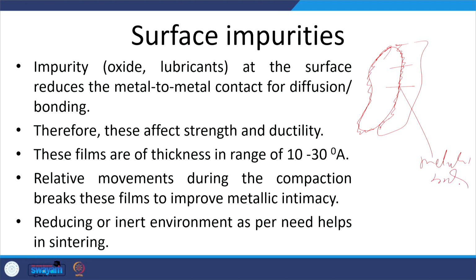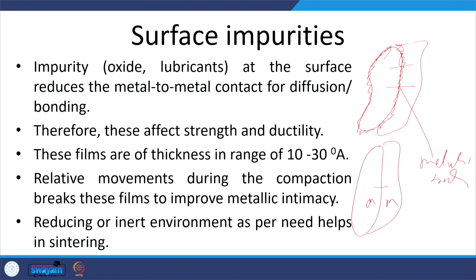You see, during the compaction, the weak shape component is obtained through the mechanical interlocking facilitated by the plastic deformation of the powder particles. So, in order to increase the strength, it is important that the metallurgical bond between the powder particles is created, and that is done by heating the component after compaction to a high temperature, so that the diffusion across the interface can take place, and that will be possible only if the contact between the powder particles is direct, metal to metal.